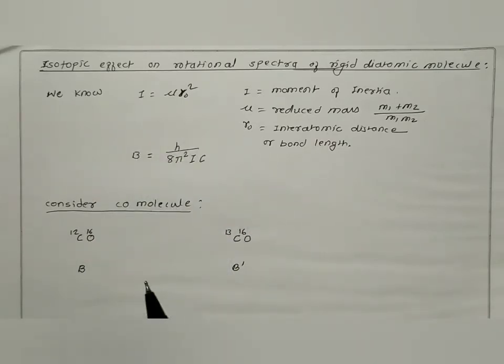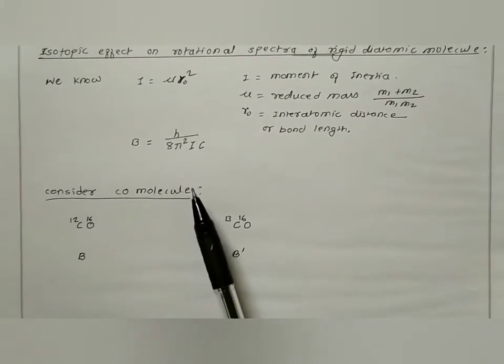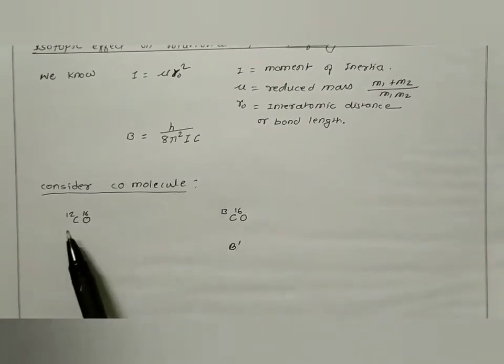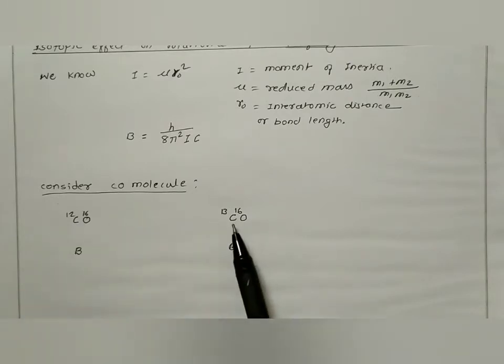For that purpose, consider a carbon monoxide molecule. Here is the carbon monoxide molecule in which the carbon has atomic mass 12, and here is the carbon monoxide molecule in which the carbon has atomic mass 13.